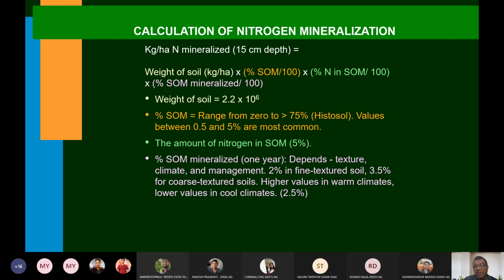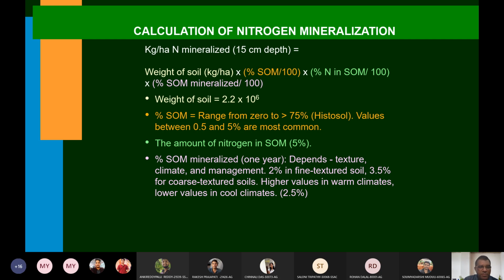I think you understand. The rate of mineralization will be governed by the moisture percent in the soil, by the C:N ratio of the material, by the temperature, and by the texture of the soil. So many factors will affect the rate of mineralization, the rate of decomposition of organic matter, or conversion of organic nitrogen into mineral nitrogen.